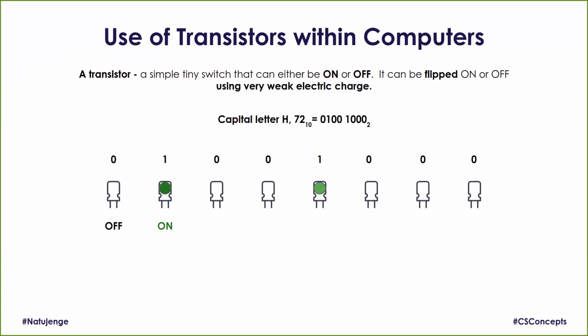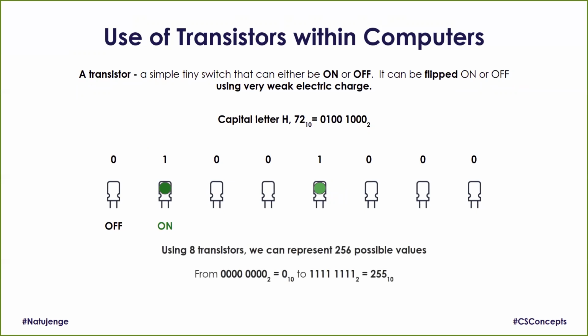That way you'll be able to represent 72 within the computer. I know some of you might have already noted that with 8 transistors, you can actually represent 256 possible values, with the smallest value being 0, with all the transistors off, and with the largest value being 255 when all the transistors are set on.